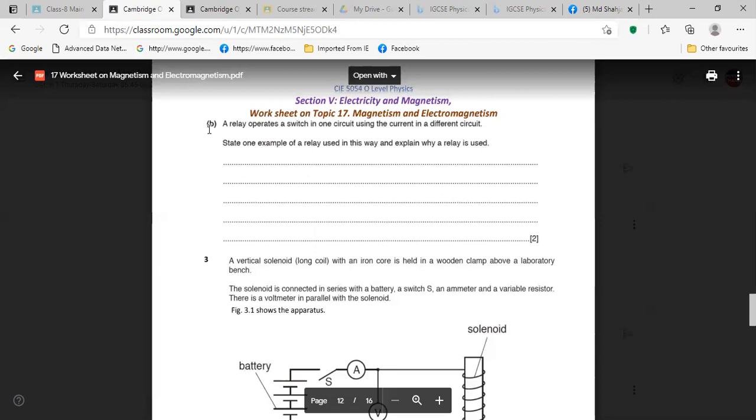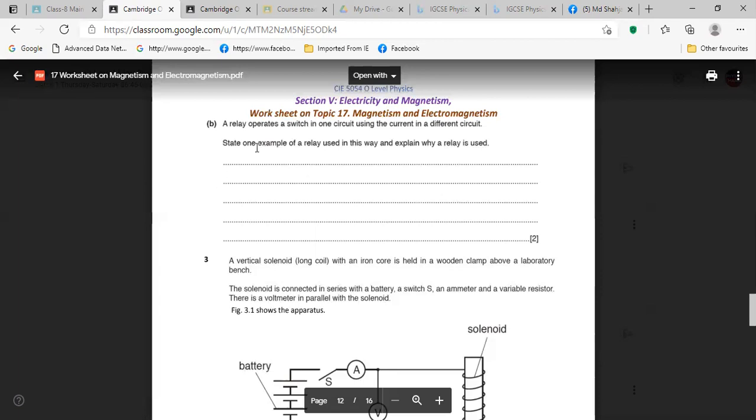So to control the nuclear power station, we use relay circuit so that we can avoid radioactive hazards. Is it clear? Yes, sir.